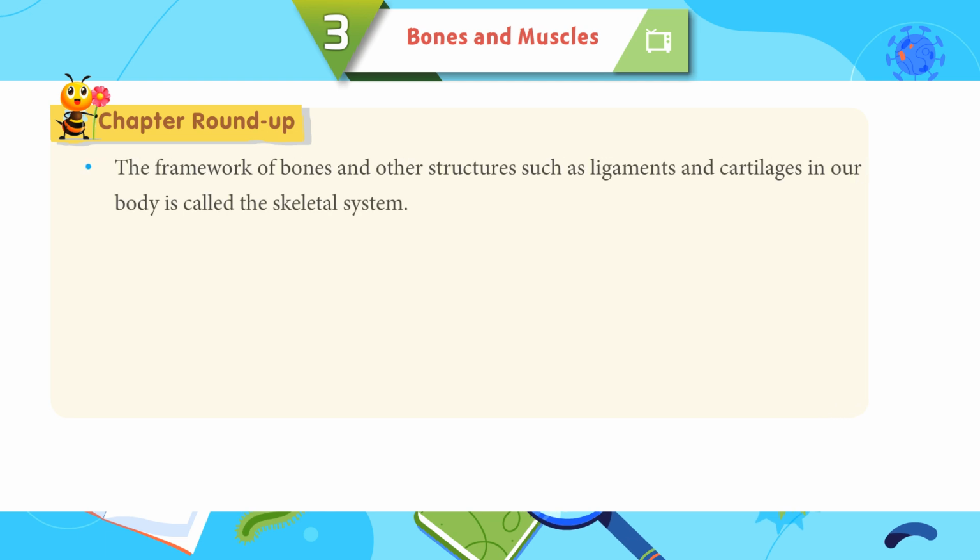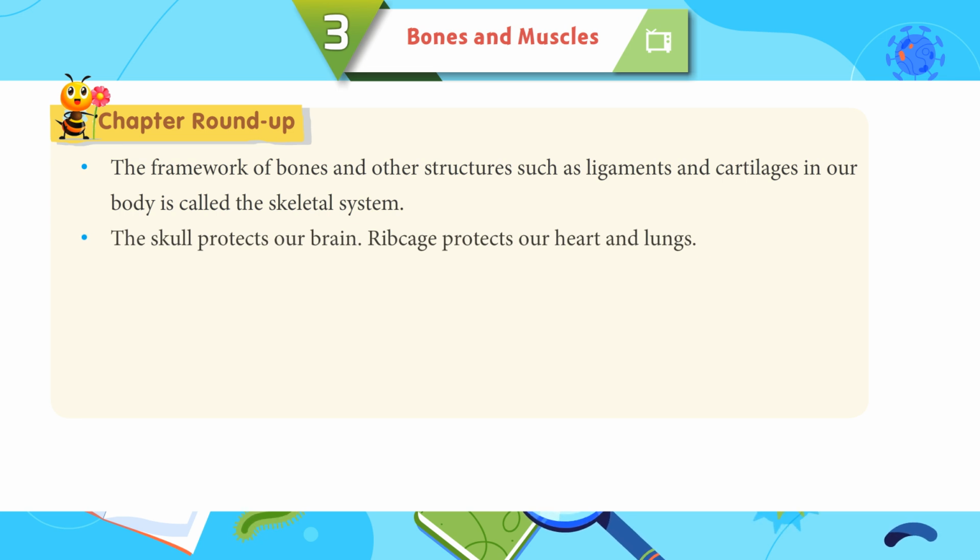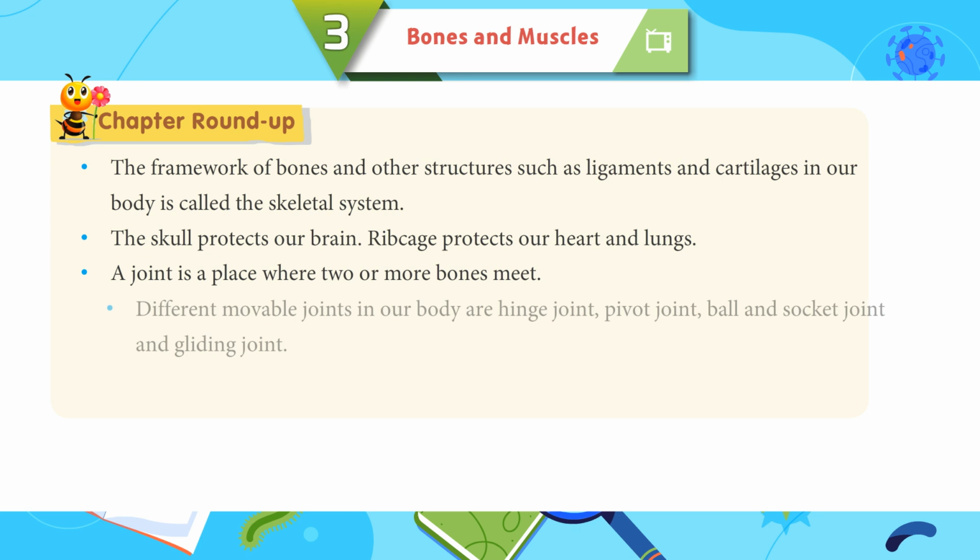Chapter Roundup. The framework of bones and other structures such as ligaments and cartilages in our body is called the skeletal system. The skull protects our brain. Rib cage protects our heart and lungs. A joint is a place where two or more bones meet.